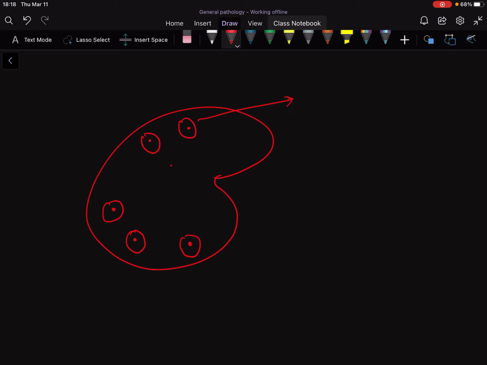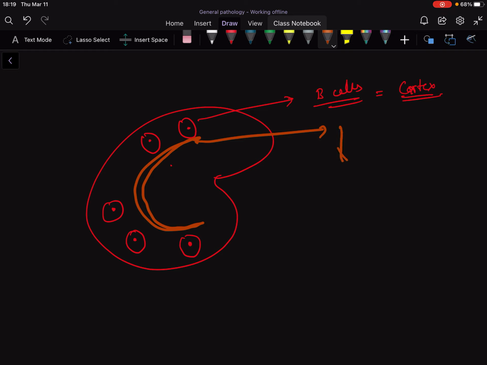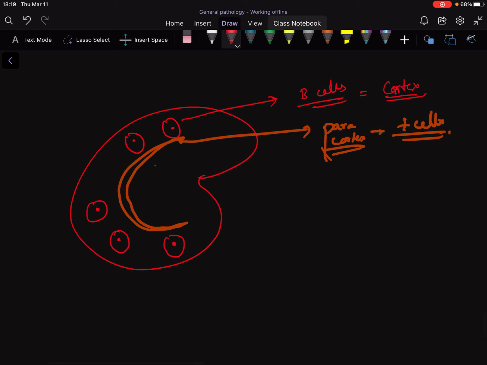So the B cells are present in the cortex, whereas the T cells are present in the paracortex. In paracortex you will find T cells, and in the medulla, suppose this is the medulla, in the medulla you find mainly plasma cells.